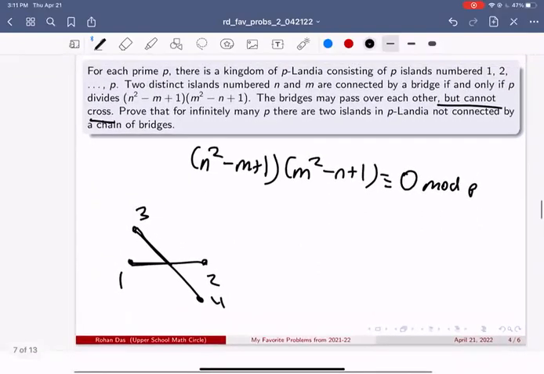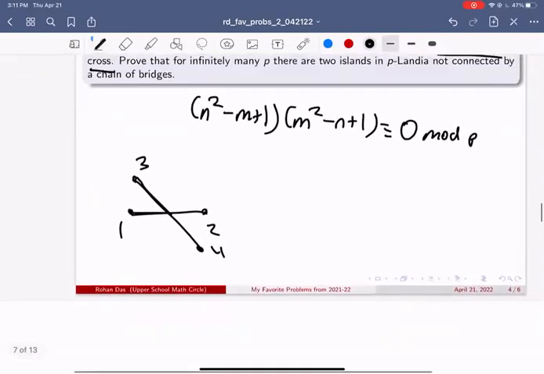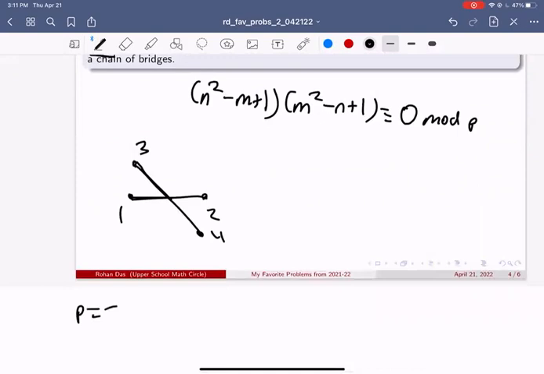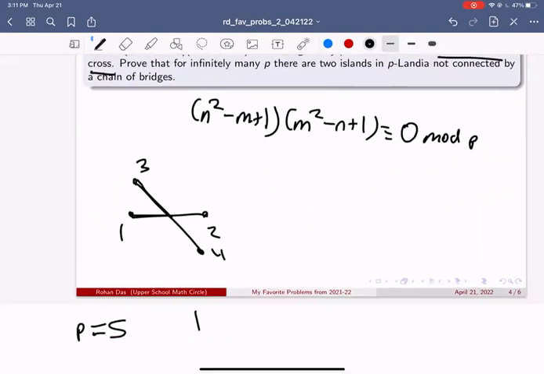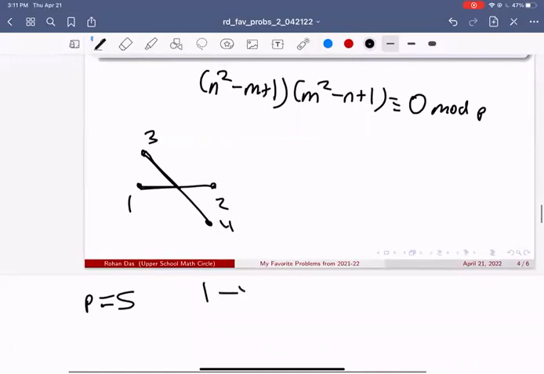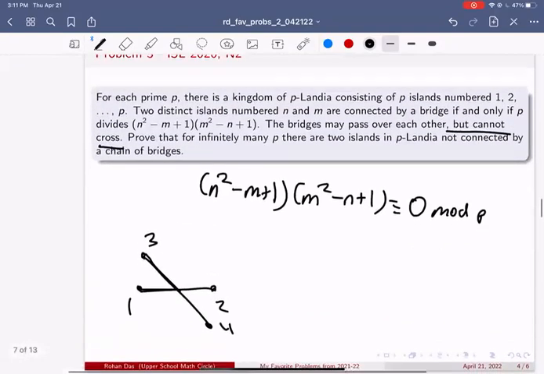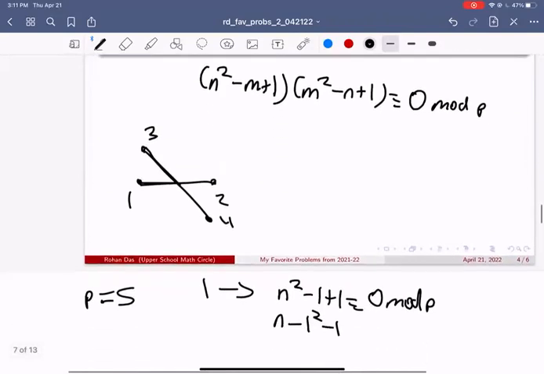Anyway, I think a good way to approach this problem is to again try small numbers for p. For p equals 2, actually that's too small, so I'm going to start with p equals 5. We can consider what's connected to 1 because that's easy to work with. Either we have n squared minus 1 plus 1 is congruent to 0 mod p, or n minus 1 squared minus 1 is congruent to 0 mod p.